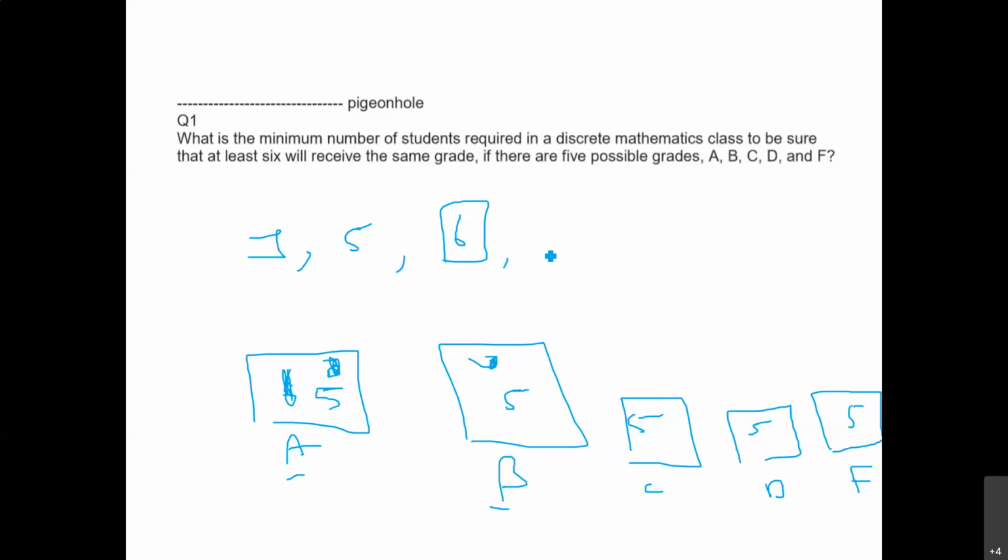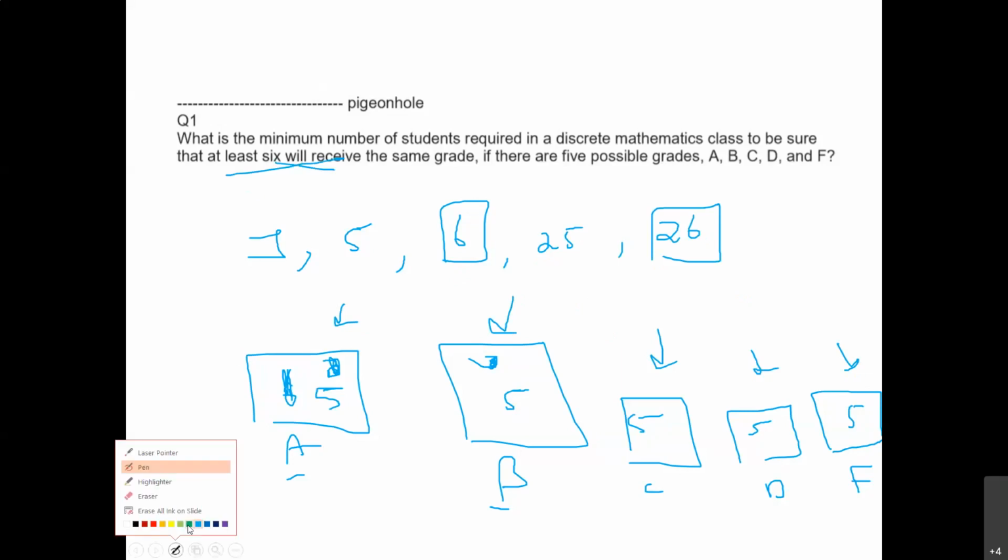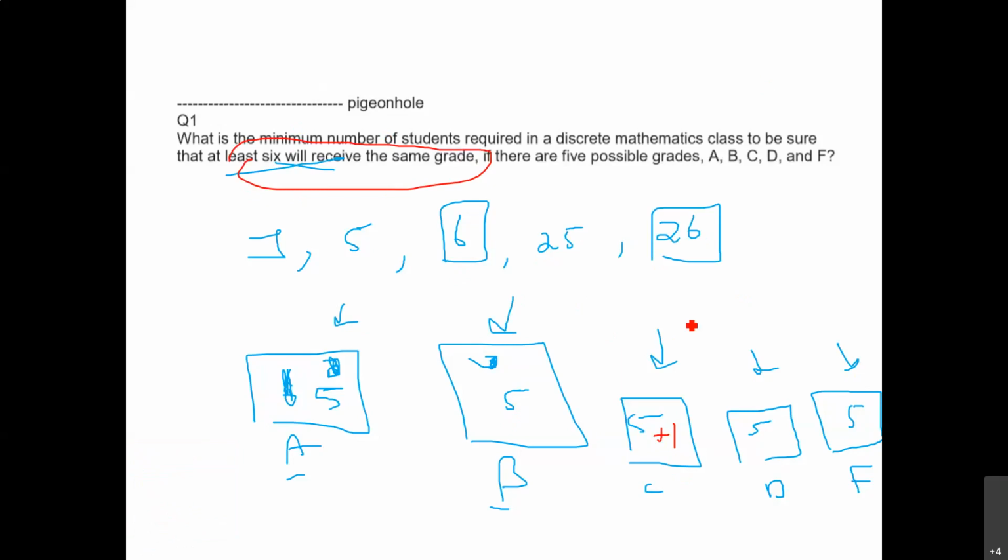But if you give me one more, now I have 26 students, and this new one has to get one of these grades, and my condition works. For example, if they get a C, then at least 6 will have received the same grade. So the number is 26.